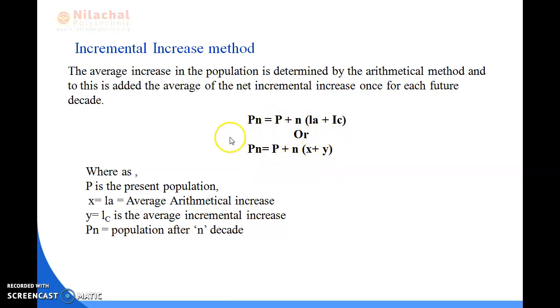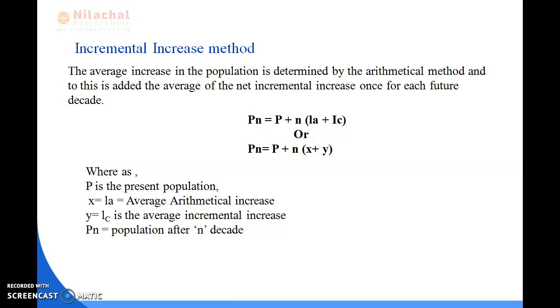Pn is the population after n decades, and P is the present population, which is given in the problems or examples. n is the number of decades, where 10 years equals 1 decade and 20 years equals 2 decades. Ia means average arithmetical increase, and Ic is the average incremental increase.